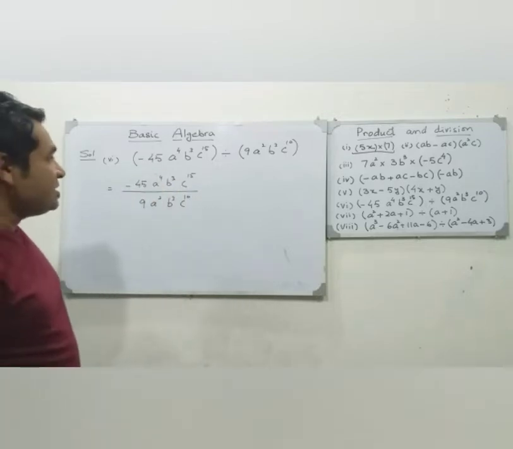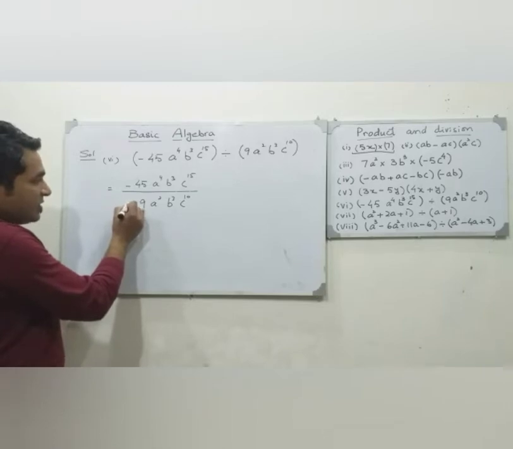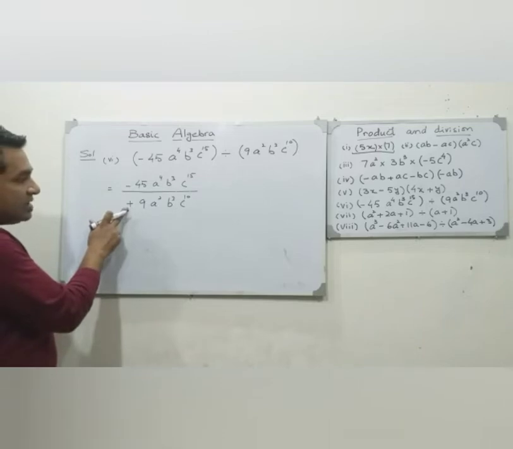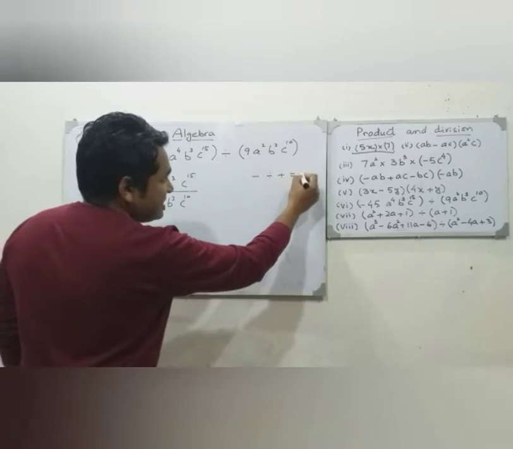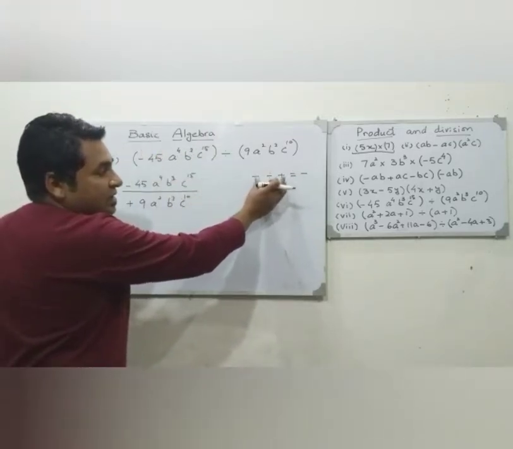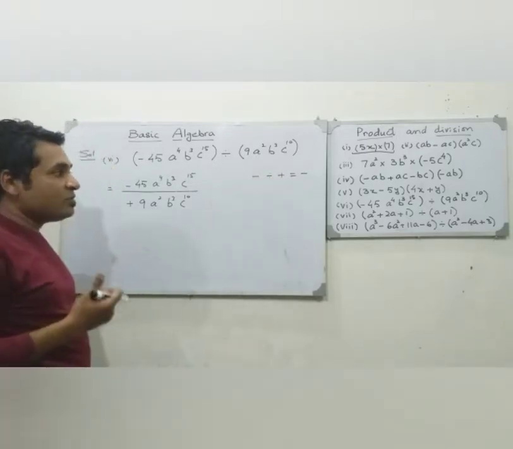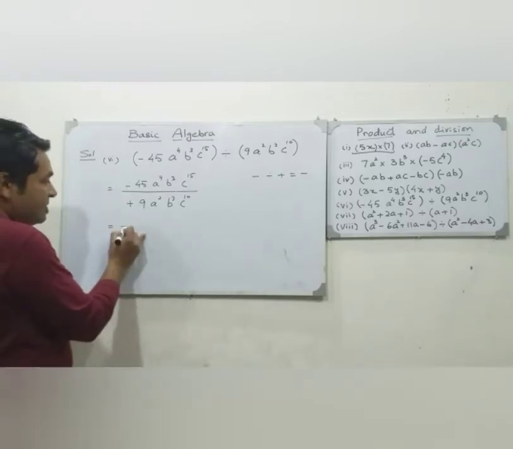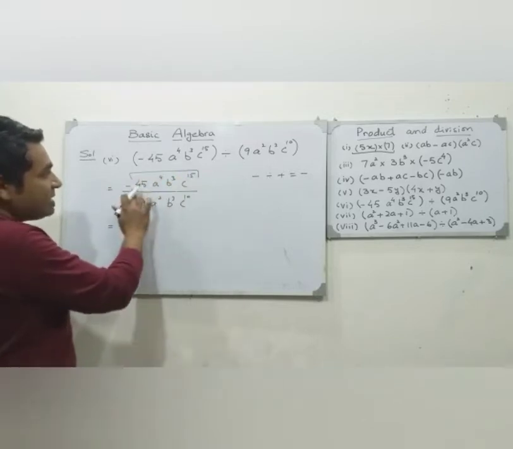Most of you, I know, are familiar with this type of question. So now you know that its sign is positive. So negative divided by positive, you know the rules. So negative divided by positive is negative. The rule of multiplication of signs and the rule of dividing signs are quite the same. So minus divided by plus is minus. You know that these are all multiplying with each other.